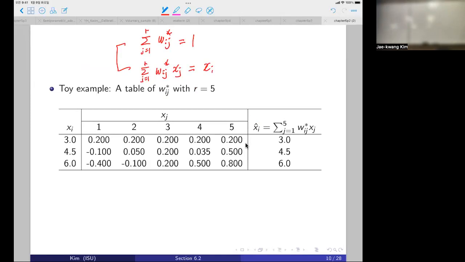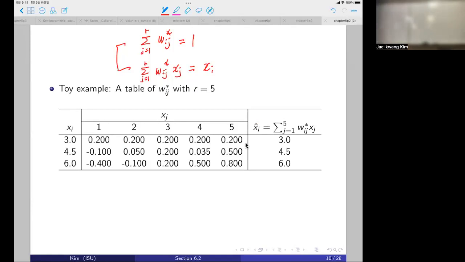So if I use this one, originally the mean is already equal to 3, right? So then really the second one isn't necessary. So then you have equal. And then 4.5 turns out that this is what you get.